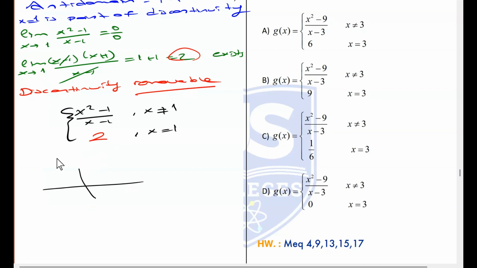Let me show you how it looks on the graph. Maybe it makes more sense. The function, when you simplify it, is the function x plus 1, right? The x minus 1's cancel each other, x plus 1 remains. So this is how your graph looks like. And there is a gap at what? At x equals 1.